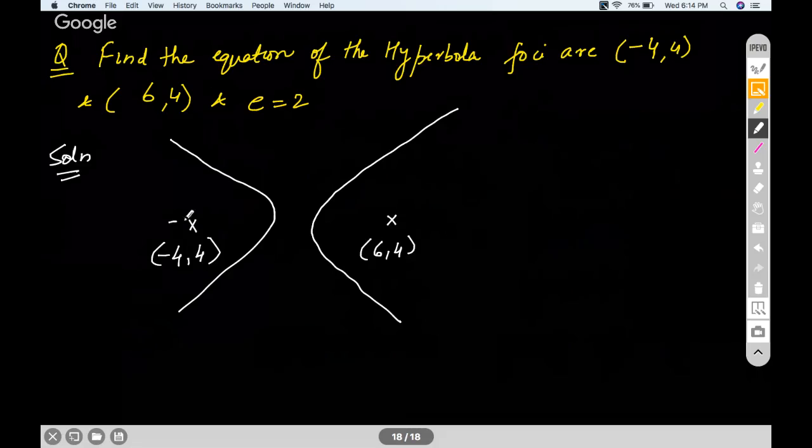Remember, the center of this hyperbola will always be on the midpoint of the line connecting the two foci. So the center will be the midpoint, which is going to be 1 comma 4.